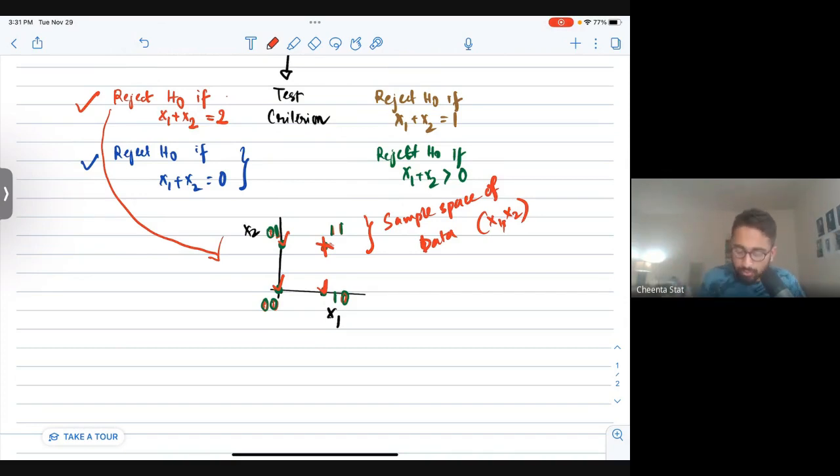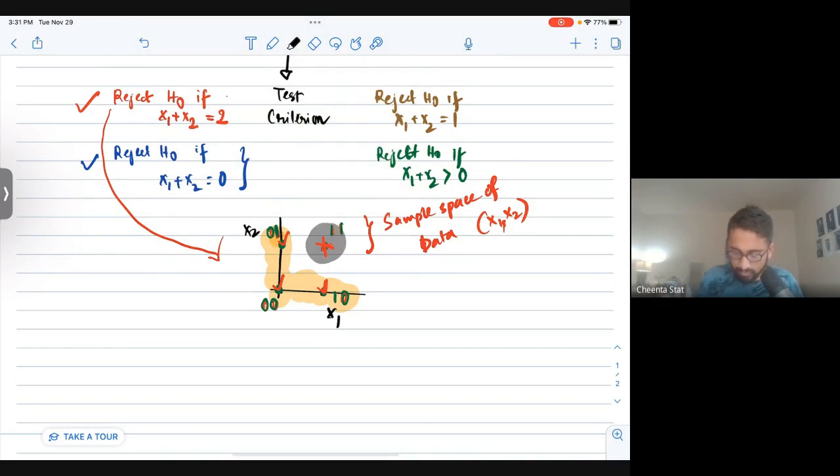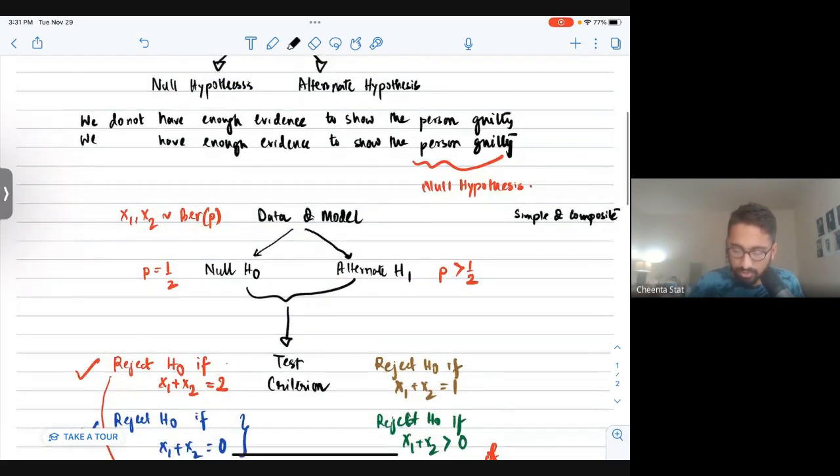Out of that we are saying that if this is happening then it's rejection, and if the yellow is happening, it's acceptance of the H naught, or we do not have enough data to reject the null hypothesis.